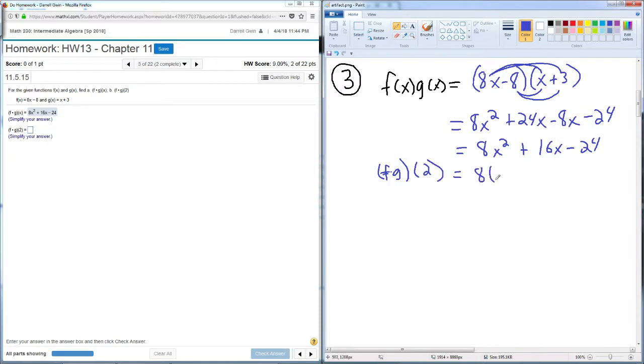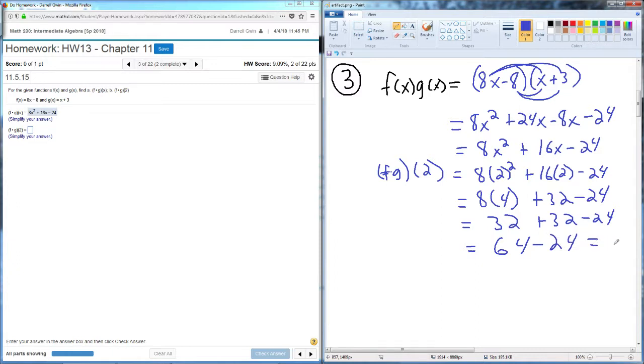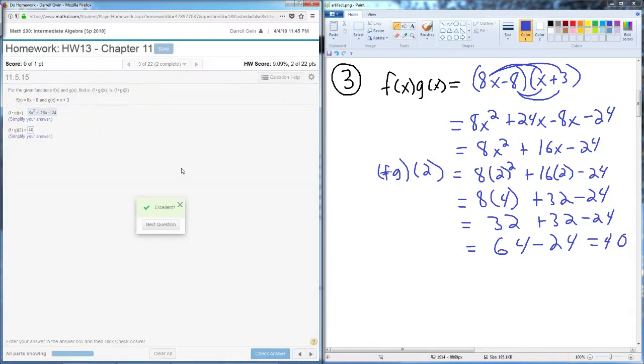We'll just change all the x's to a 2. So this is going to be 8 times 4 plus 32. 8 times 4 is 32 plus 32 minus 24 equals 64 minus 24, which equals 40. Did we get it? Almost made a mistake again. It is 40. Yes, excellent.